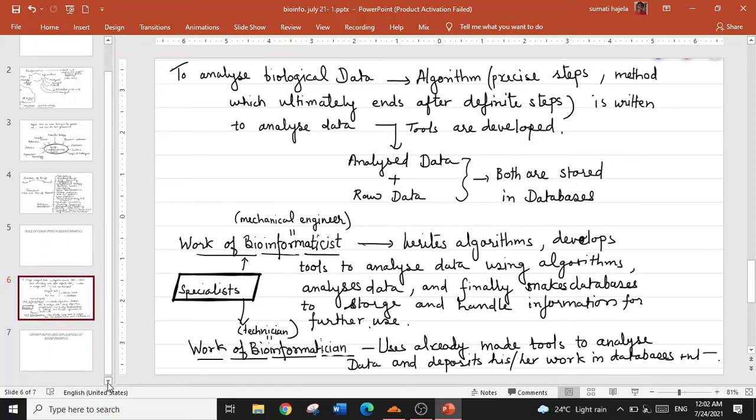Now, one thing that is asked is to define bioinformatics. Since so many people from various walks of life or various specializations use bioinformatics, they define bioinformatics according to their language. I'm going to tell you a few definitions.